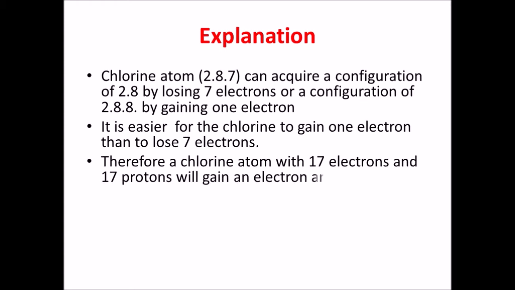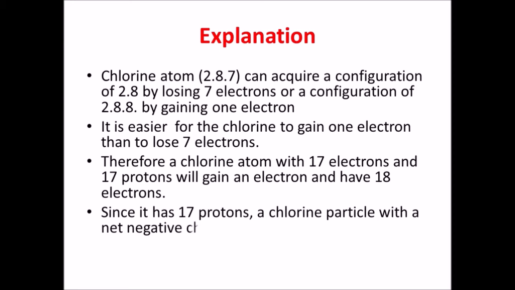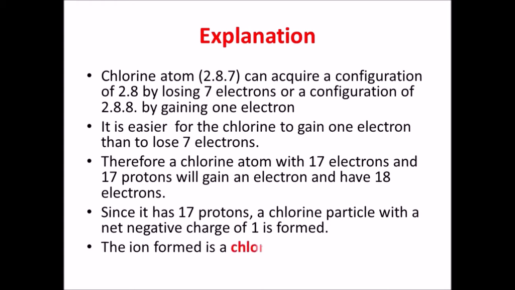Therefore, a chlorine atom with 17 electrons and 17 protons will gain an electron and have 18 electrons, but the protons still remain 17. So this is what results into a net negative charge 1. So the ion, as I've said, is a chloride ion.